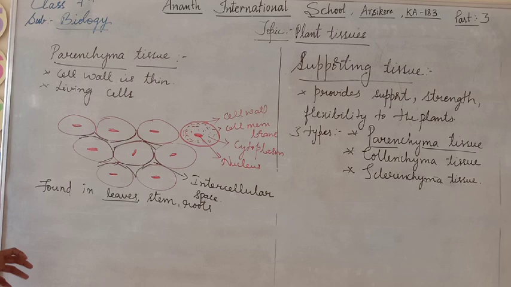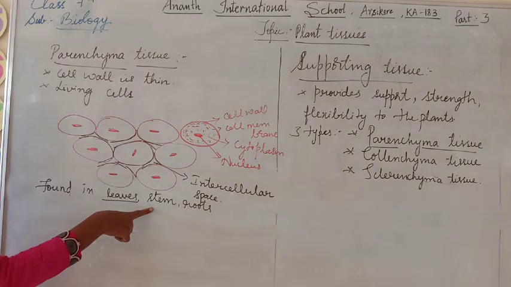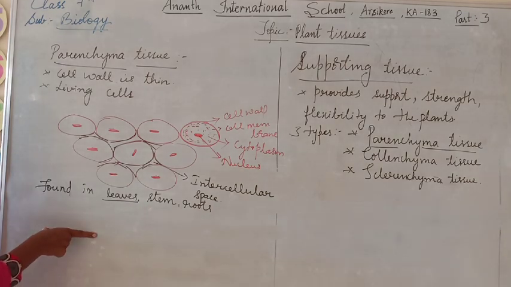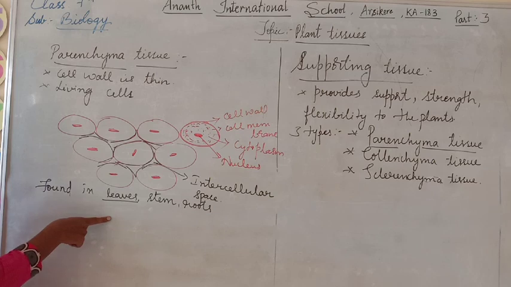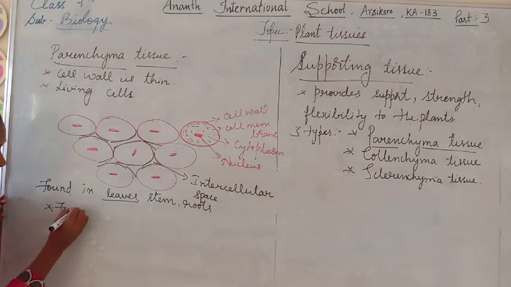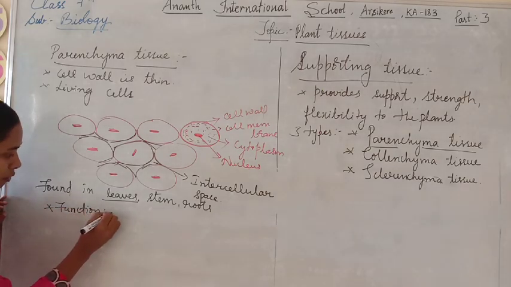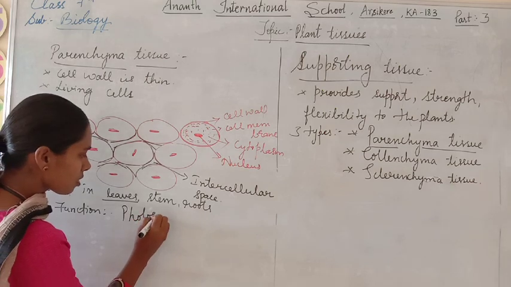Not only photosynthesis, another function of parenchyma tissue is to store food. When photosynthesis takes place, food is prepared, and then the food also will be stored. So the first function of the parenchyma tissue is photosynthesis.